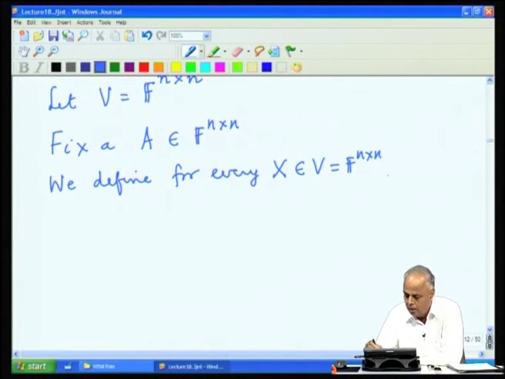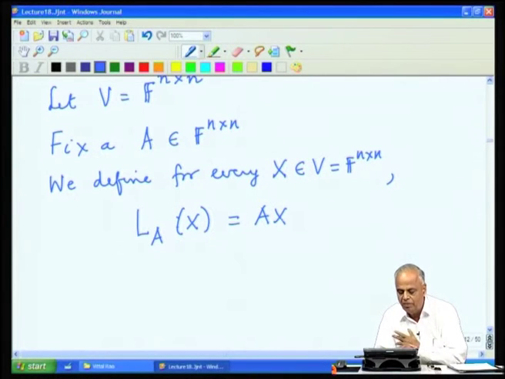For any matrix X, we convert it to another n by n matrix. How do we do this? I will use a notation which will be useful to generalize: L_A of X to be AX.